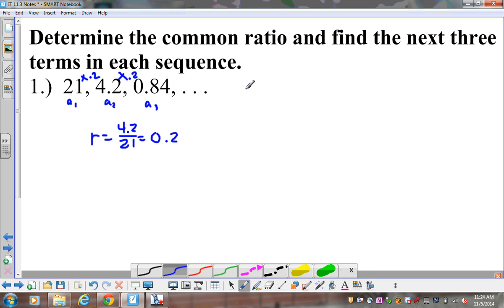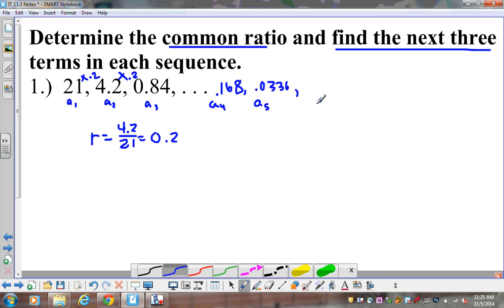So it asks us not only to find the common ratio, but then to find the next three terms. So to find my fourth term, I take my third term and multiply it by 0.2. So if I take 0.84 and multiply it by 0.2, I'm going to get 0.168. So that's my fourth term. My fifth term, if I take 0.168 and multiply it by 0.2, I'm going to get 0.0336.